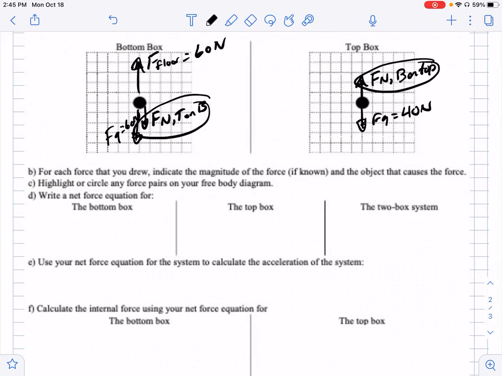So the net force on that bottom box is equal to, we have that force from the floor, minus, we have the weight of the bottom box. So I'll put FG bottom so we can distinguish the difference here. Minus that contact force between them, right? The force from the top box onto the bottom box.